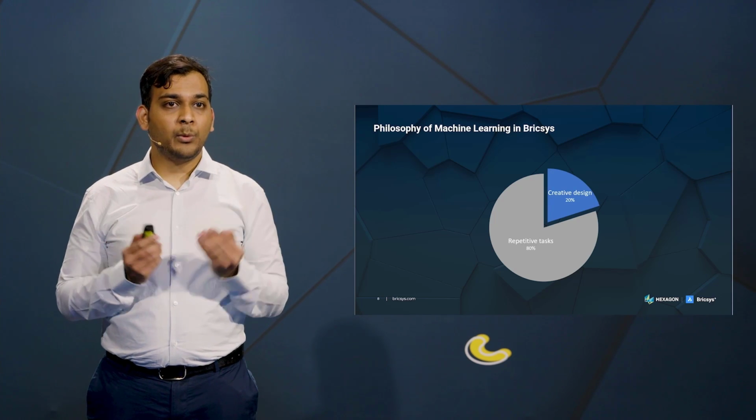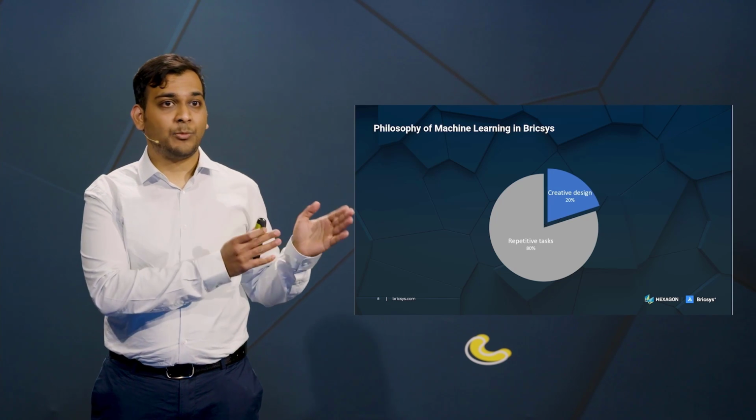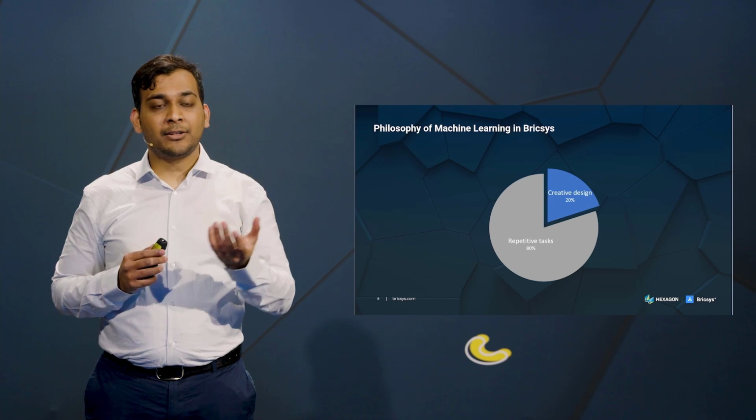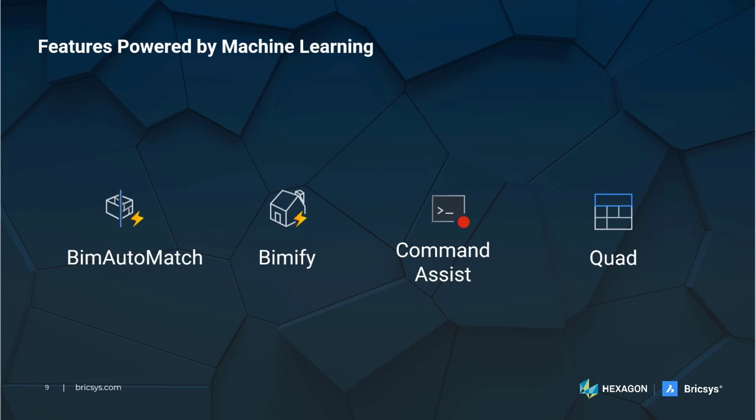Within BricsCAD, what we want to do is reduce the time you spend on repetitive tasks like dimensioning and so forth. So we use machine learning to learn these tasks so that the machine learning models can automate these processes, allowing you to spend more time on your creative design process.